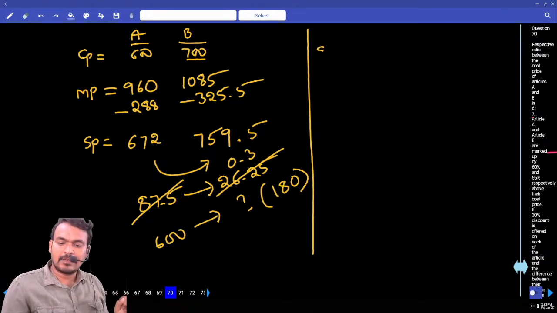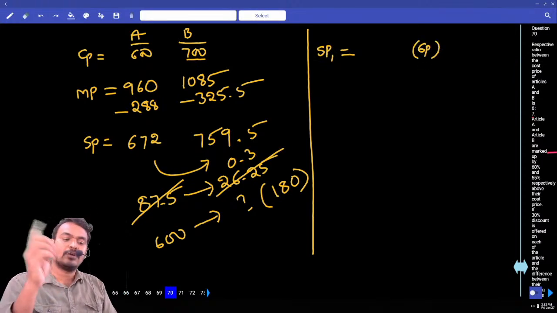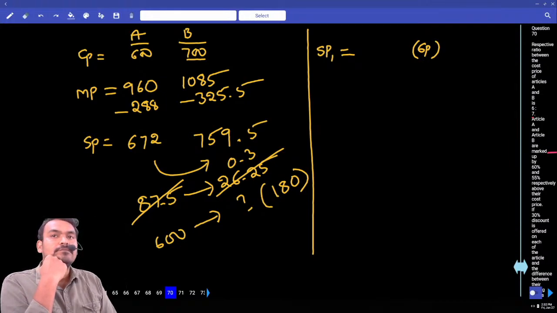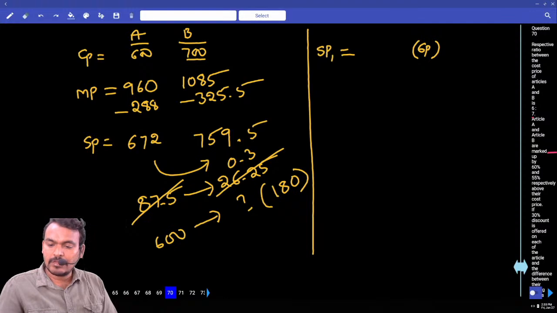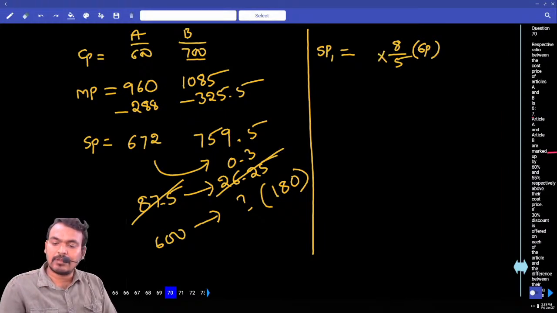What is the selling price of the first one? The first one's cost price is 6 parts. In that, 60% is marked up, meaning it is 160% of 6 parts, which we write as 8 by 5. In that, 30% discount means we write 7 by 10.